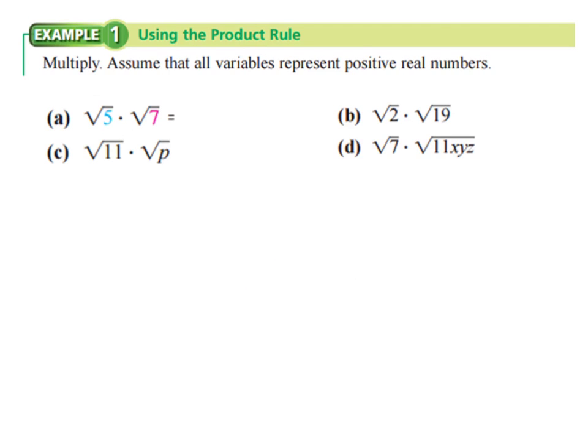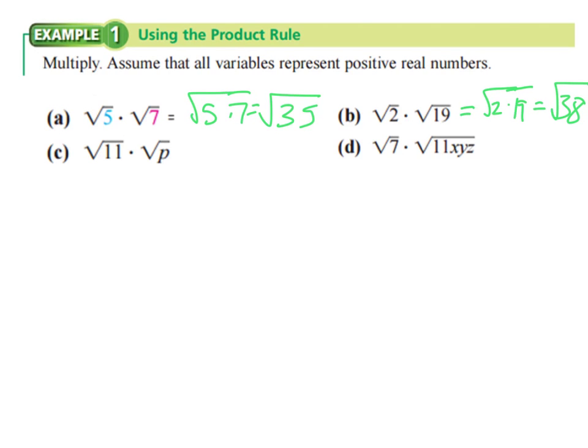So looking at using that product rule, we're going to be multiplying together here. So for the first one, the square root of 5 times the square root of 7, we could write as the square root of 5 times 7. Of course, you might also just jump right to the square root of 35. The second example, square root of 2 times the square root of 19. Again, you could multiply the square root, or you could do the square root of 2 times 19, which of course would be the square root of 38.